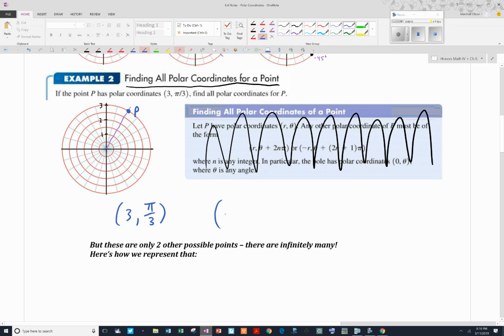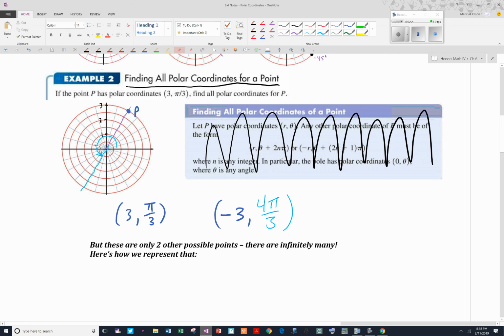Let's write that using a negative r value. So if we use a negative r value of negative 3, that means that the angle that we would need would actually be this angle here. Going on the right line here. So this would have to be this angle right here. That angle, which is pi away from our first angle, I'm going to use the standard position angle, would be 4 pi over 3.